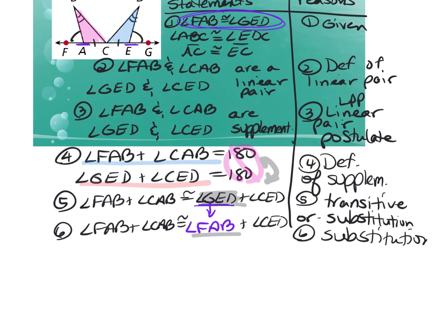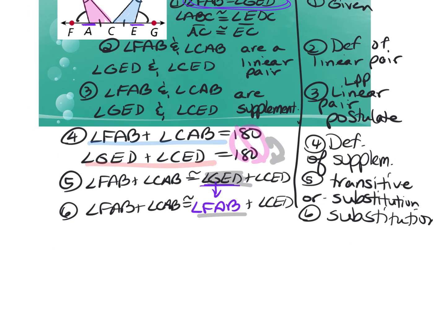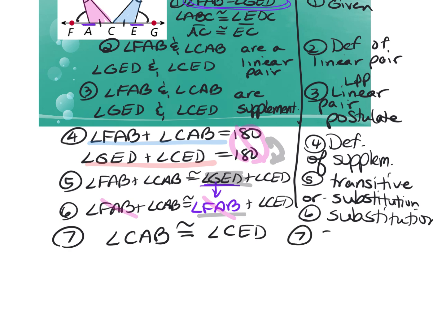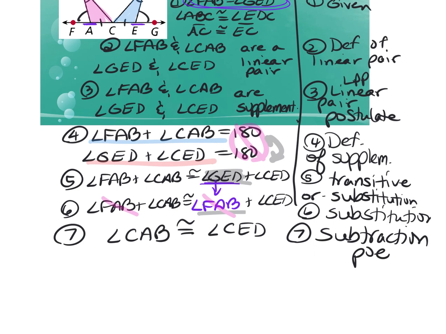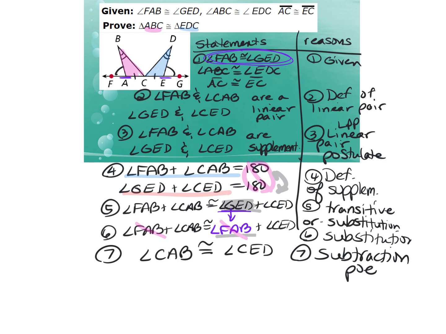The reason why I did that is I want to be able to show that I'm subtracting the FAB from both sides. So this is getting subtracted out. So then my next statement is CAB congruent to CED, and this would be subtraction property of equality. And now I can go ahead and show that angle there.